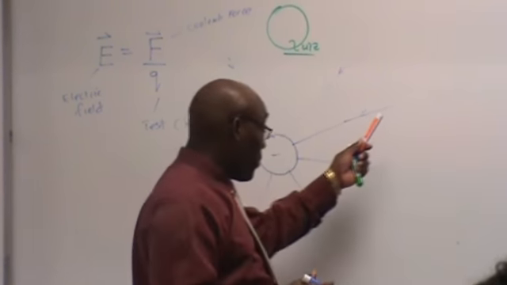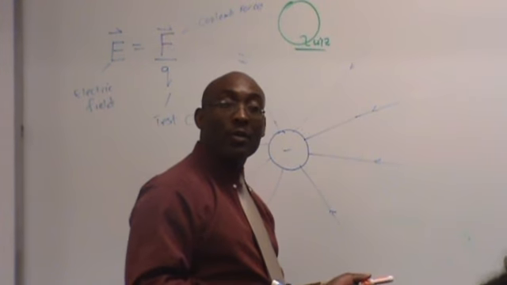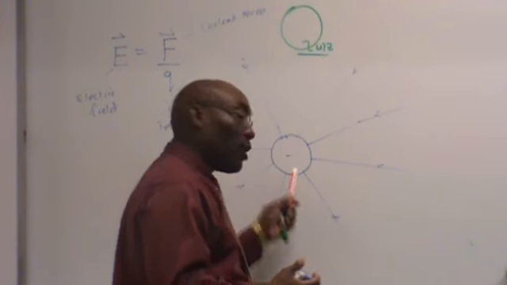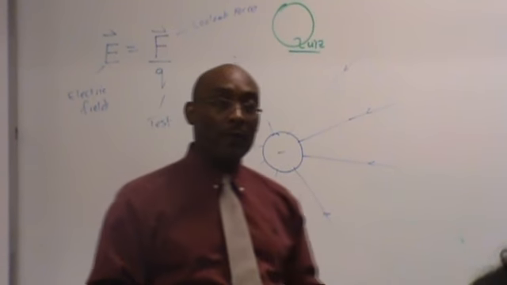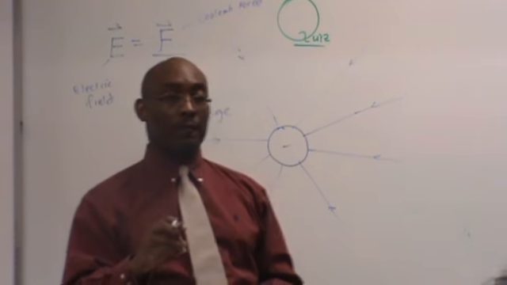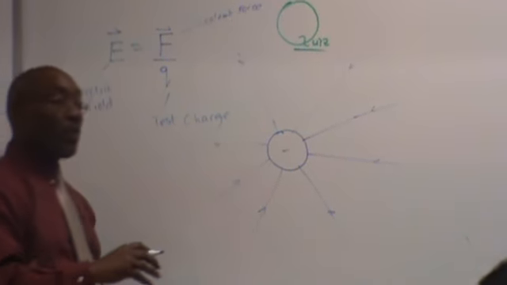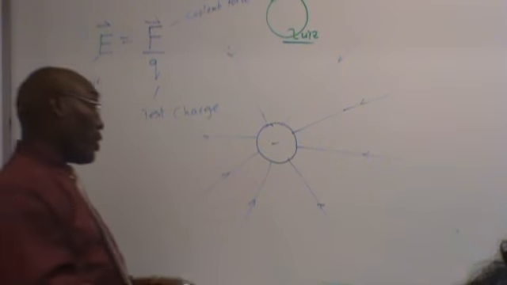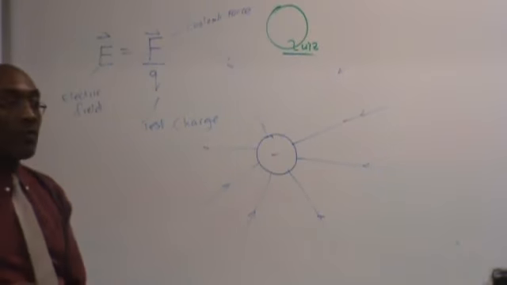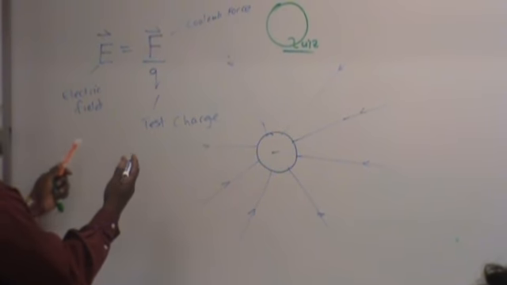So whatever field we measure anywhere here will be the field for this charge. You follow me? So it is very important that the test charge be very small. So we don't really care about the test charge. What we care about is the field from this charge right here.